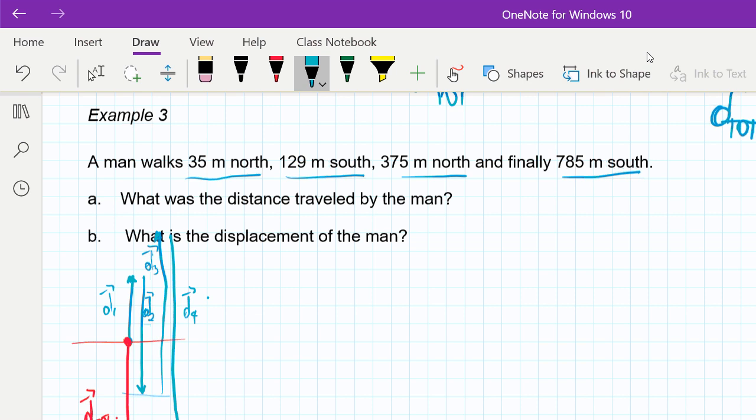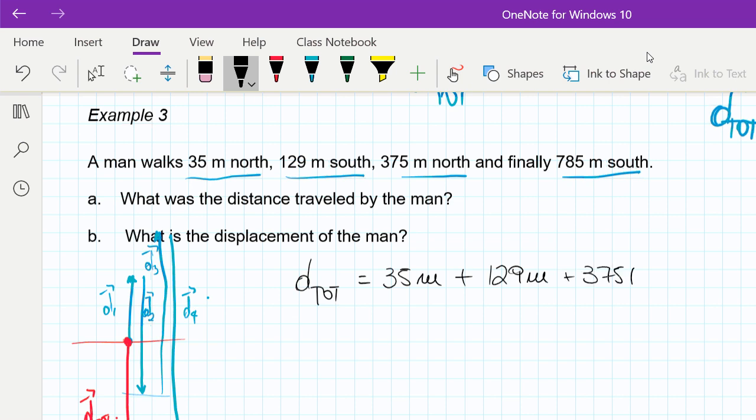Excellent. So now the total distance will be adding them without sign, not considering the sign, and 785.